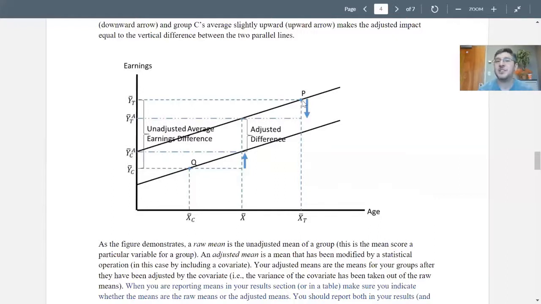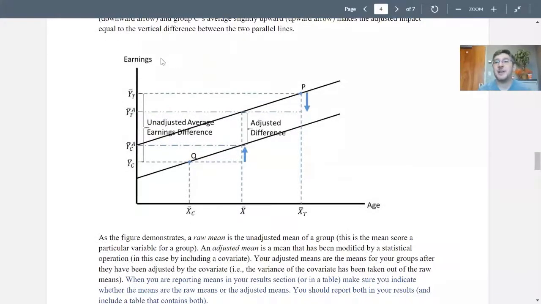So we have earnings graphed on our y-axis, age graphed on our x-axis. In this example, age often explains differences in earnings. Typically the older you are, the more you earn.